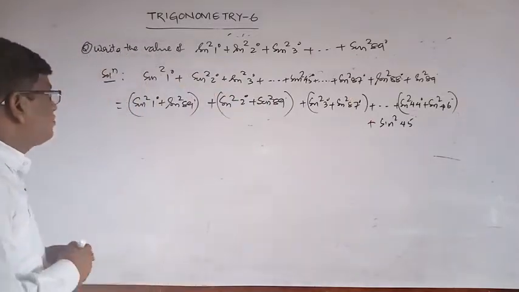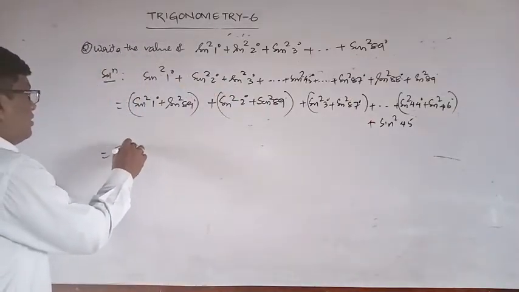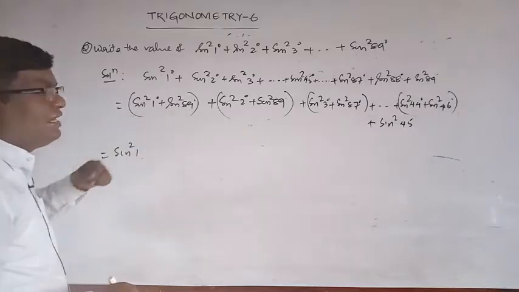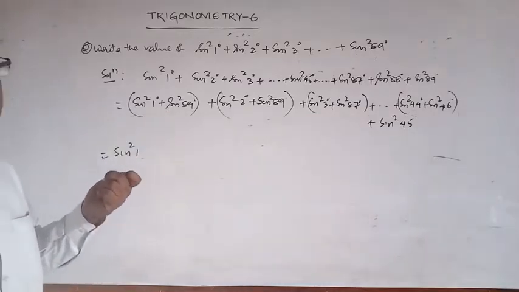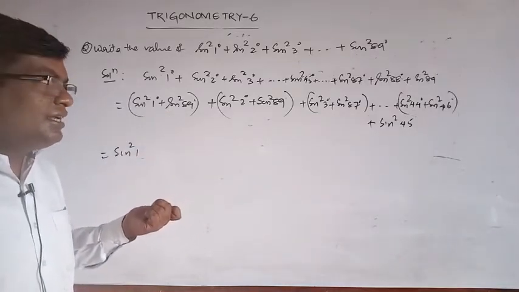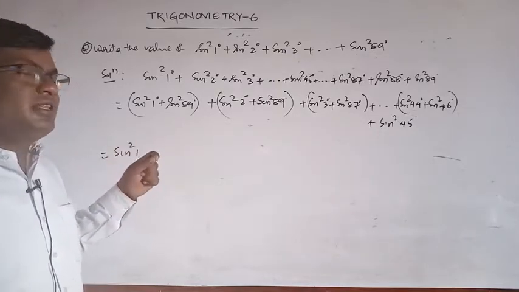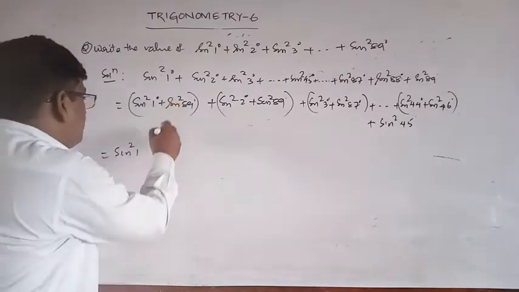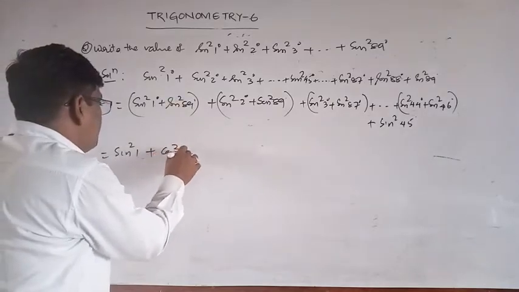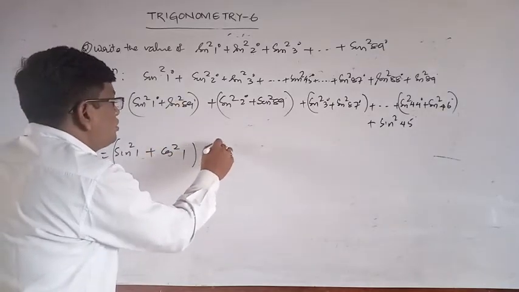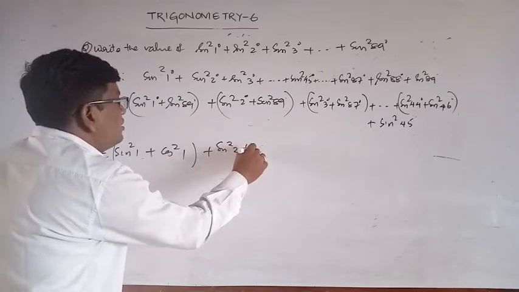So this is equal to sin²1° and sin 89°, which is sin(90 minus 1), that is cos 1°. So this is cos²1°. This is sin²2° and this is cos²2°.